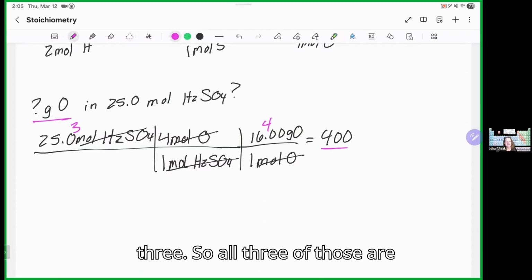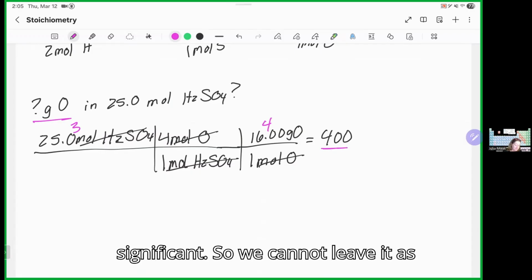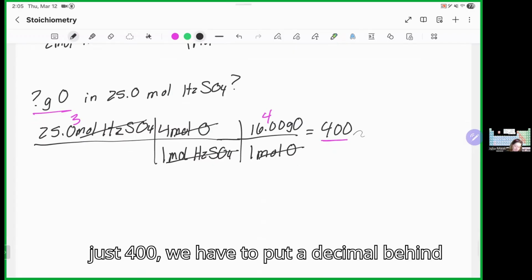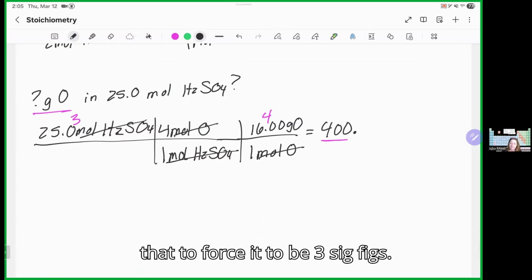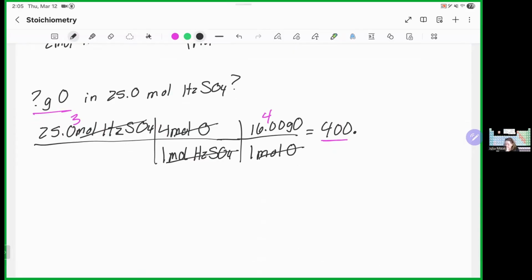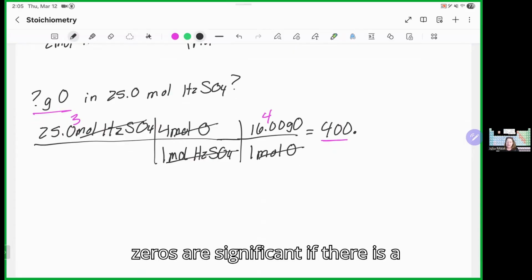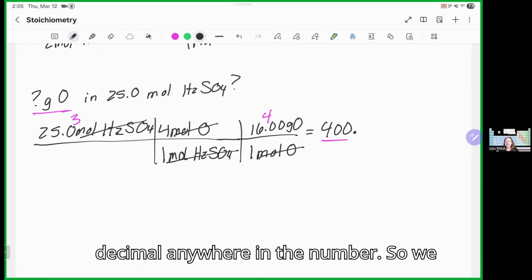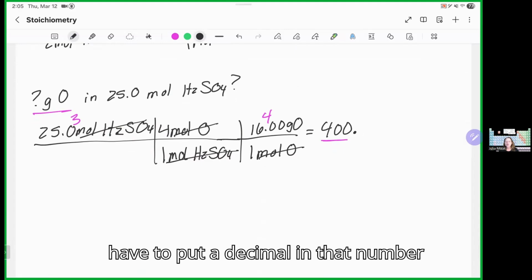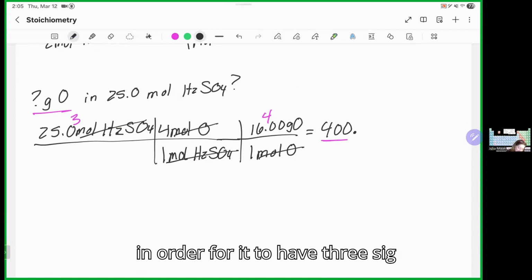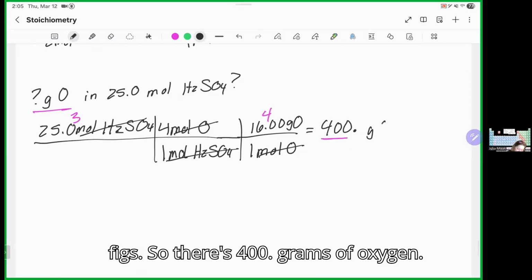So all 3 of those are significant. So we cannot leave it as just 400. We have to put a decimal behind that to force it to be 3 sig figs. Remember, ending zeros are significant if there is a decimal anywhere in the number. So we have to put a decimal in that number in order for it to have 3 sig figs. So there's 400. grams of oxygen.